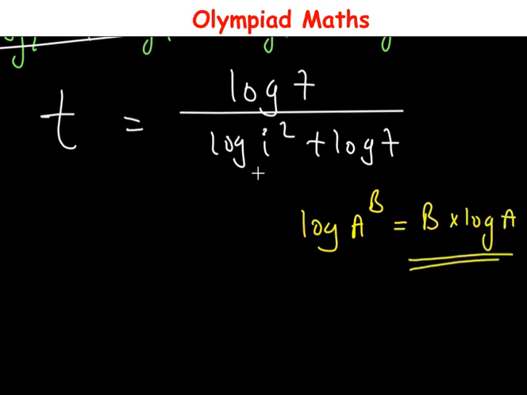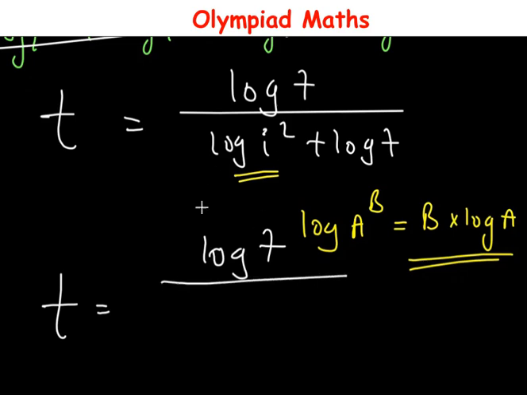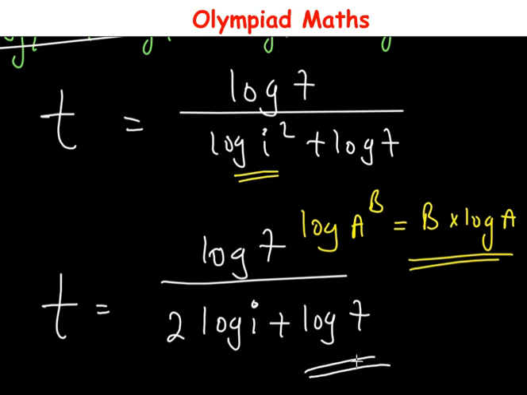The value of t is then equal to log of 7 over (2 times log of i, plus log of 7). With this, we have gotten the solution of t for the first method.